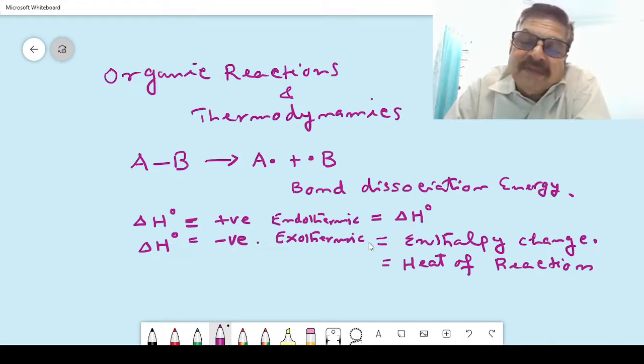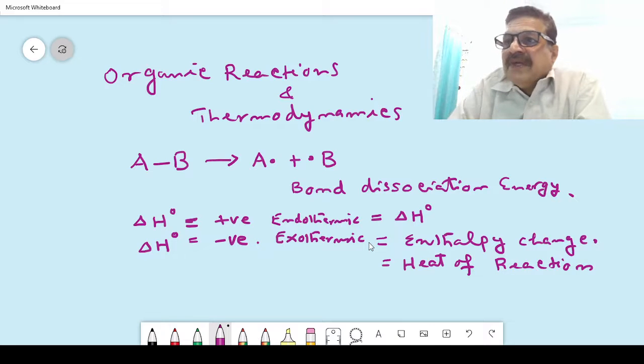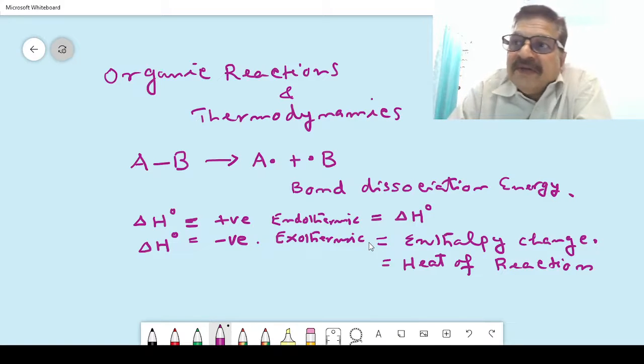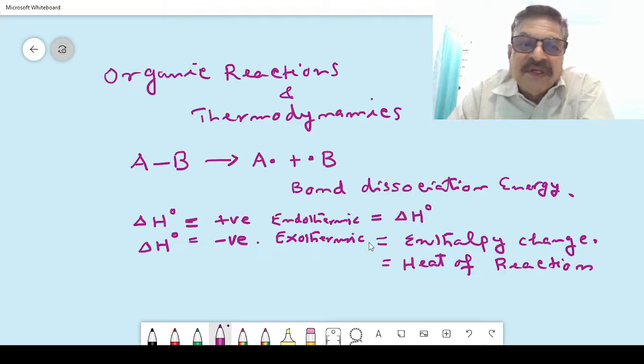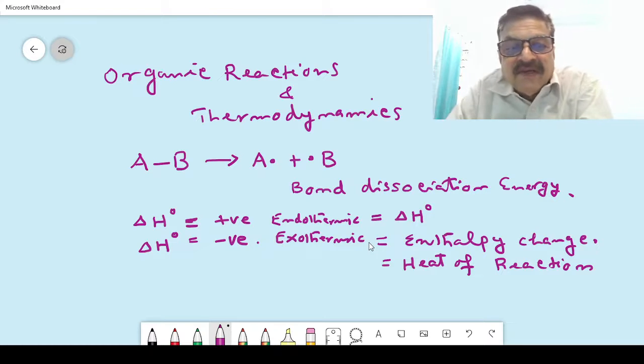Now bond breaking requires energy, you know that. Therefore bond dissociation energies are always positive. Bond breaking, or the cleavage of a bond, requires energy. Therefore bond dissociation energies are always positive numbers.